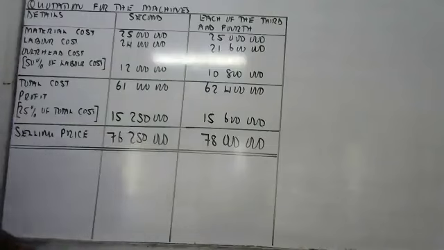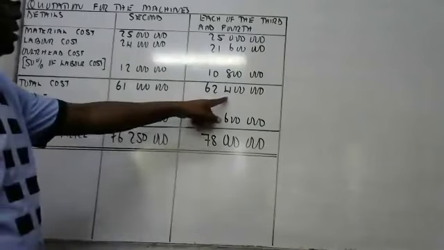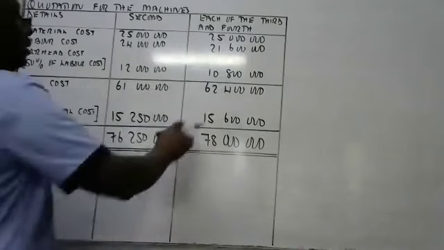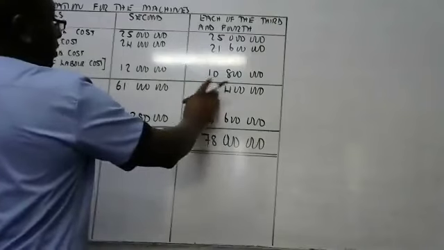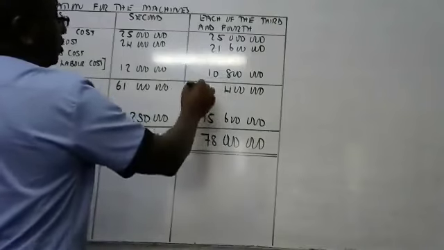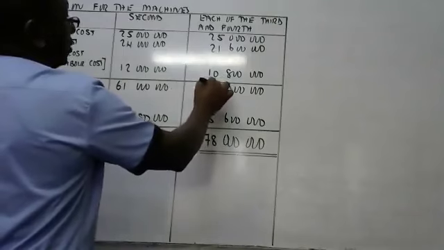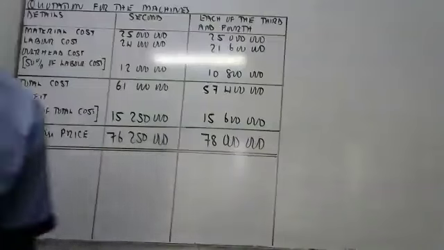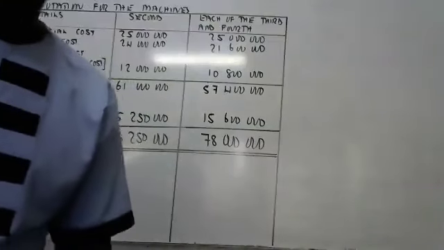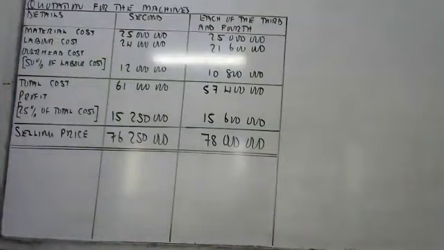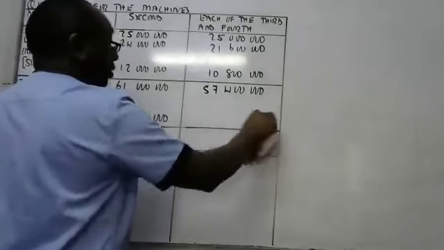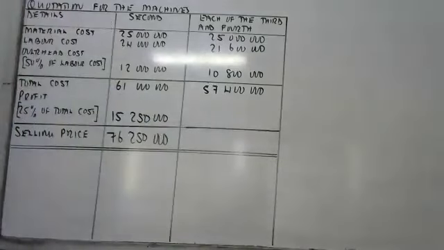I think even this one needs to be revised. There should be a 7. 57, is that so? 57,400. Yeah, you can see a change. So even these ones need to be revised.